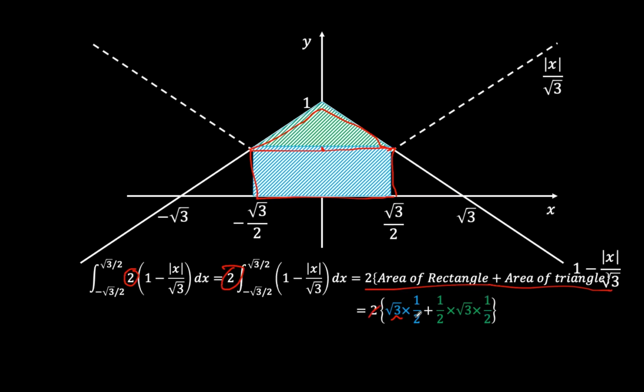As you can see, these 2 and these 2 cancel, and these 2 and these 2 cancel. So we're left with root 3 plus root 3 over 2, which is 3 root 3 over 2. And this is the answer that was expected. Very easy, no nebulous calculus involved, just the area of the shapes.